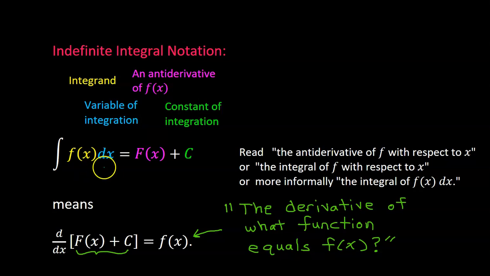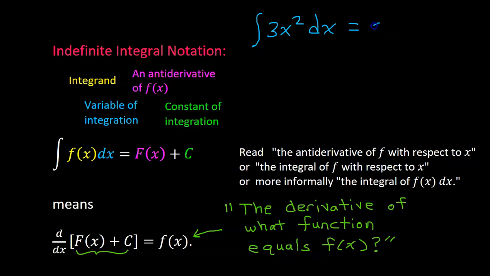Let's apply this new notation to an antiderivative that we found earlier in the video. So we found the antiderivative of the function 3x squared. So now instead of saying antiderivative, I can say the integral of 3x squared dx is, but I'm still just finding the antiderivative.